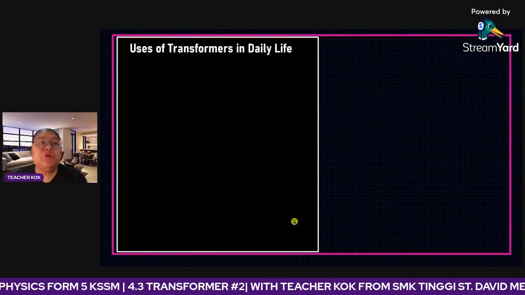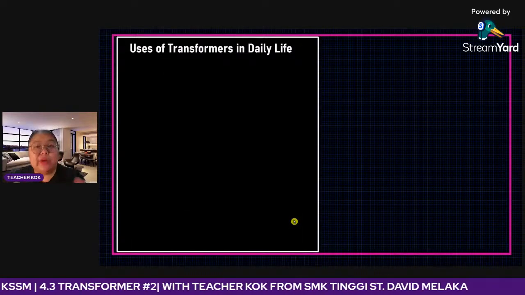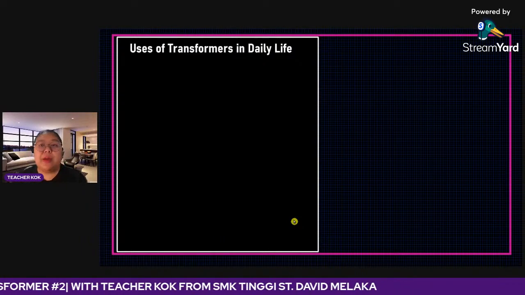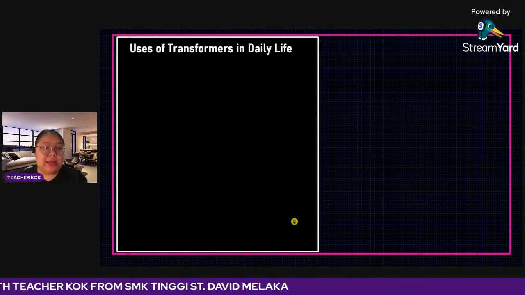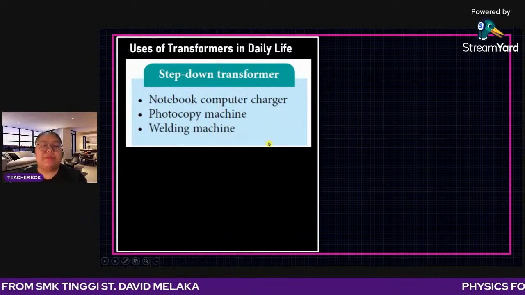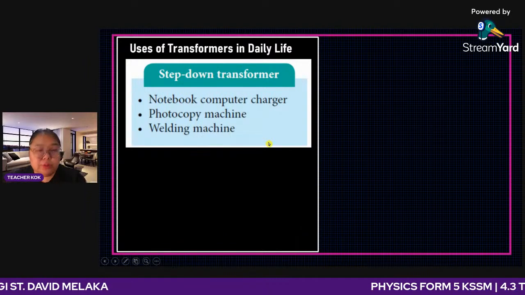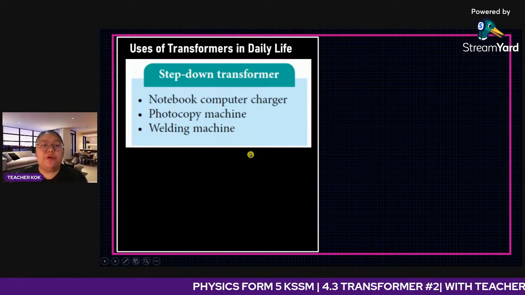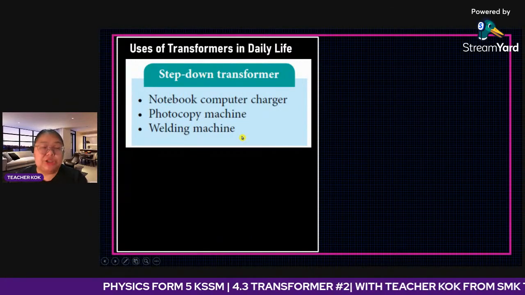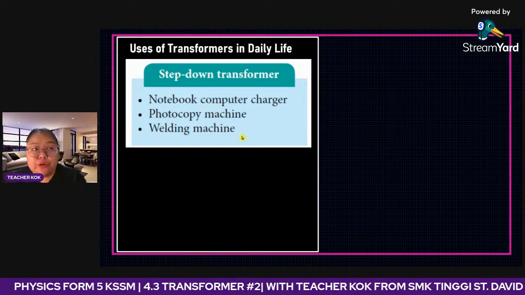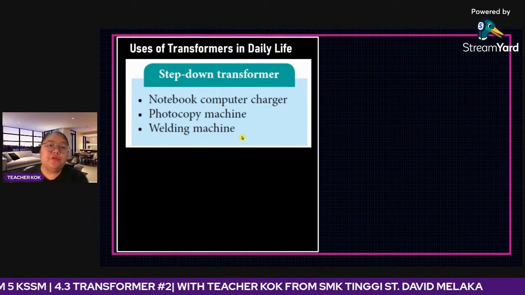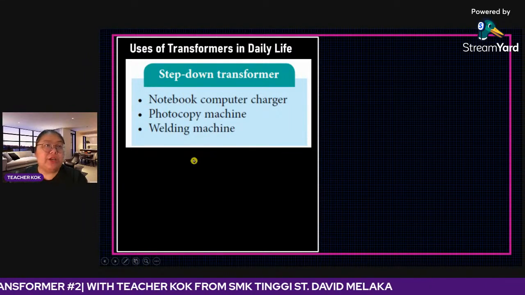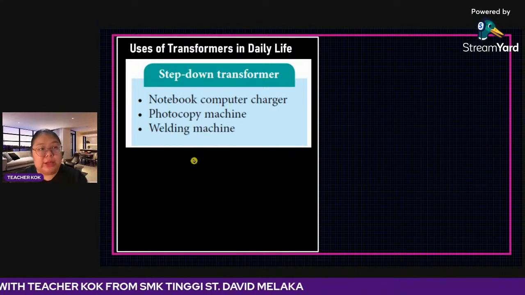Let's see the uses of the transformer in our daily life. Remember we have two types, step up and step down. Now you see the step down. Step down means I want to reduce the output voltage, for example your notebook computer charger. You want to reduce the voltage when you want to charge. Photocopy machine, welding machine, they use low voltage.